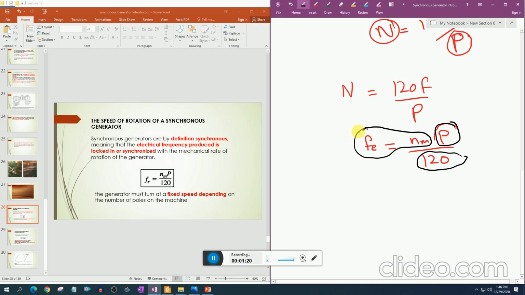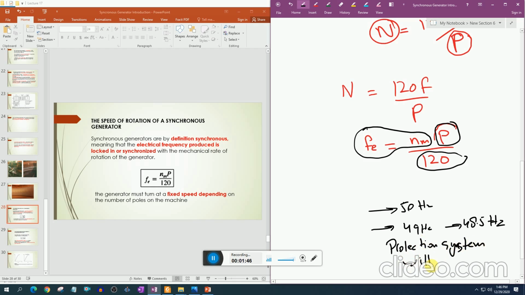It is a very important parameter, because if the speed changes, the frequency changes, and if the frequency is 50 Hz and even reaches 49 Hz or 48.5 Hz, the protection system will operate and the unit will be shut down.